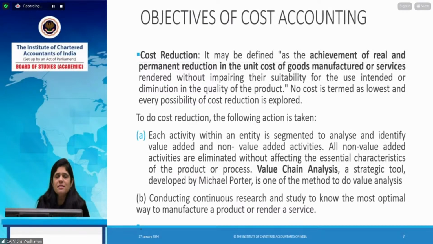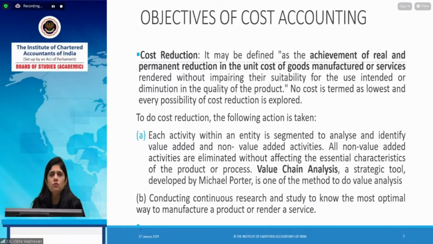So if, let us say, I remove activity 2, it was not required. It's not adding any value to the product. And still the product characteristics are indifferent if I remove or eliminate activity 2. So that means now the total activities are 9.